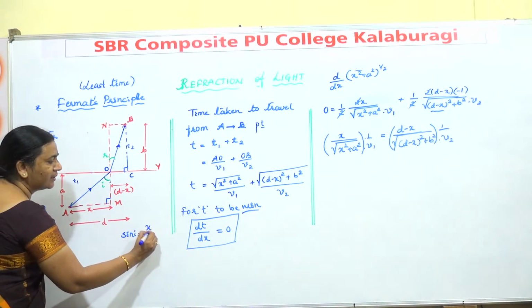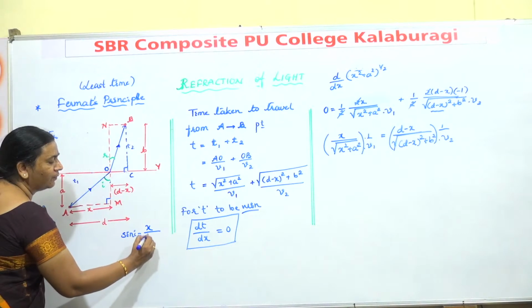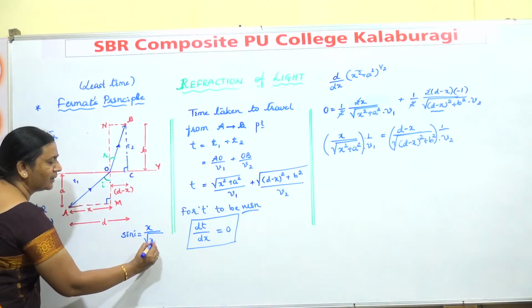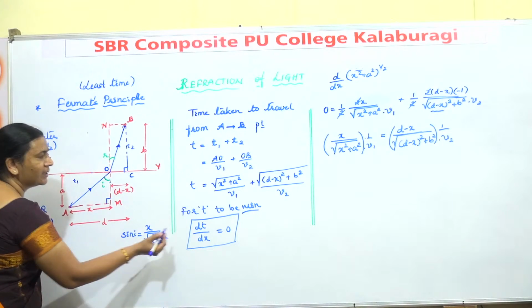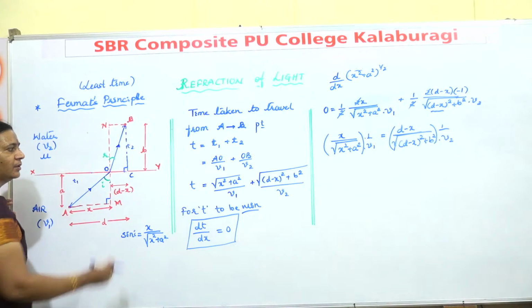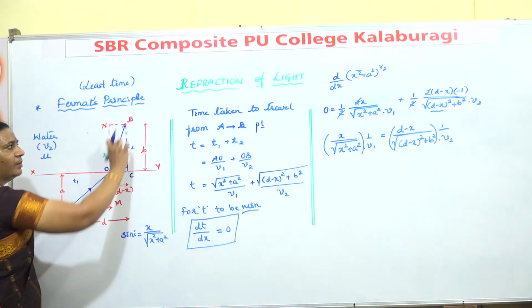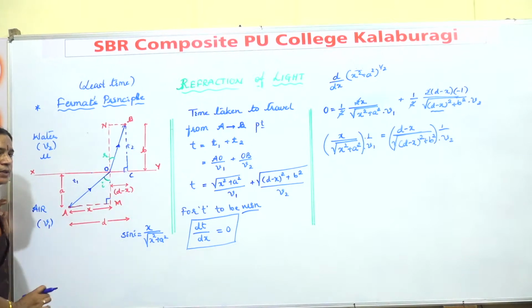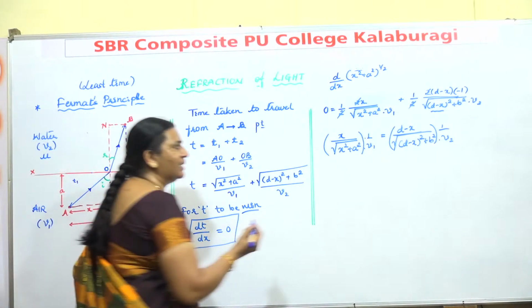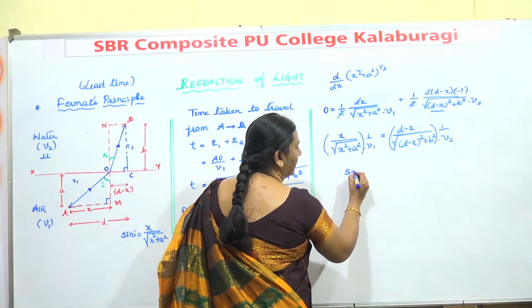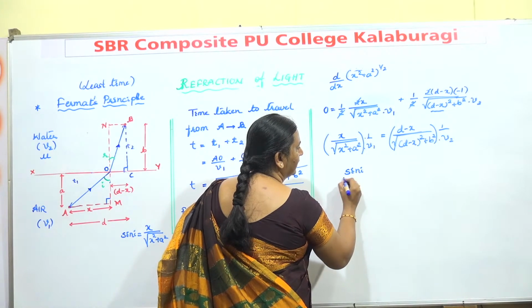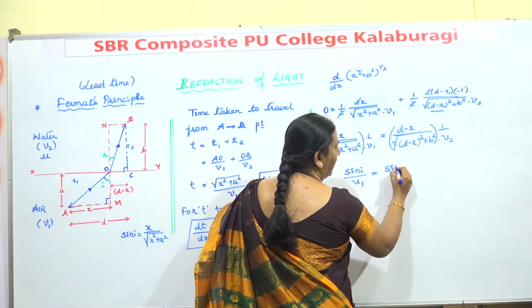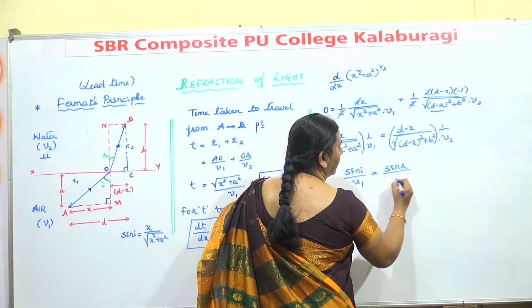So x divided by the hypotenuse, which is nothing but square root of x square plus a square. Similarly, second term becomes d minus x divided by square root of d minus x whole square plus b square. So hence we are having on the LHS and RHS, sine of i divided by v1 will be equal to sine of r divided by v2.